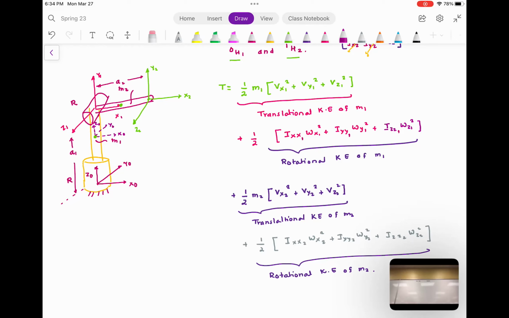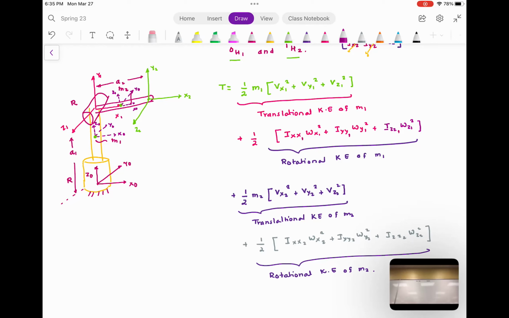Are you with me? Then I'm going to take this inertial coordinate frame and place it over here. It is going to be z0, x0, and y0.